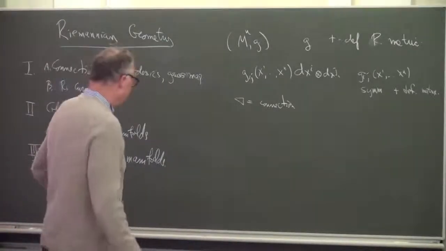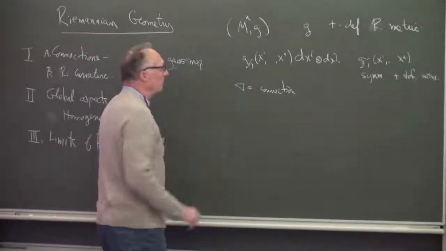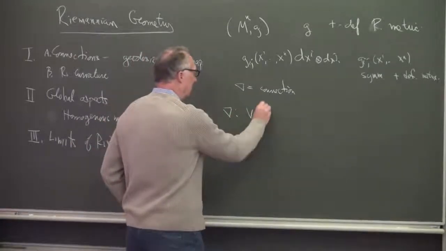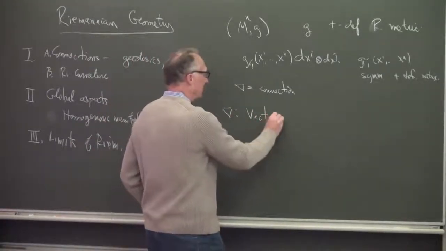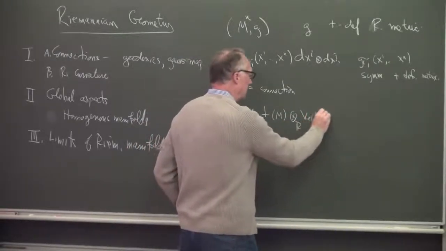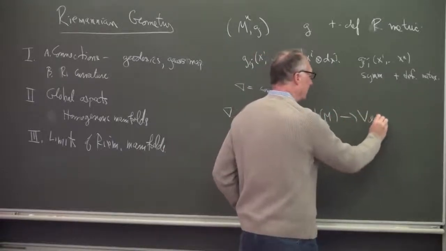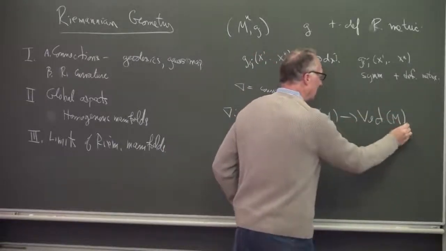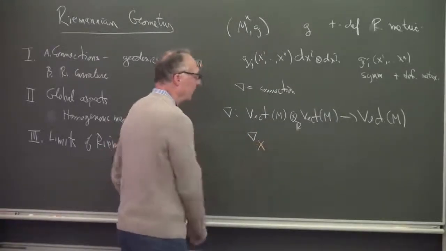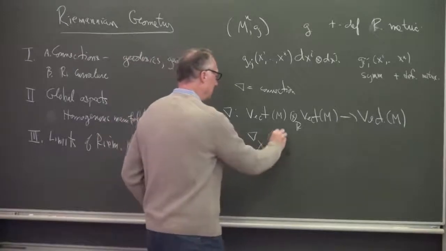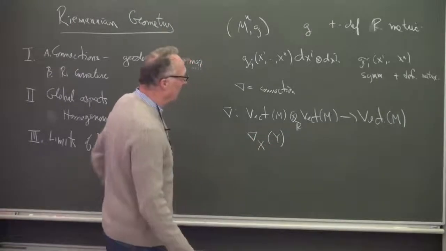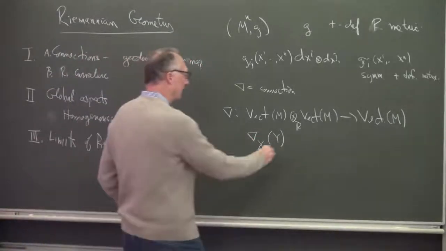So I want to talk about the connection associated to this metric. This is a pairing from vector fields on the manifold, in fact, even local vector fields, back into vector fields. And we usually write it this way. We write the first index as a subscript, and the second index we think of as an operator depending on x applied to a vector field y, so this is another vector field.